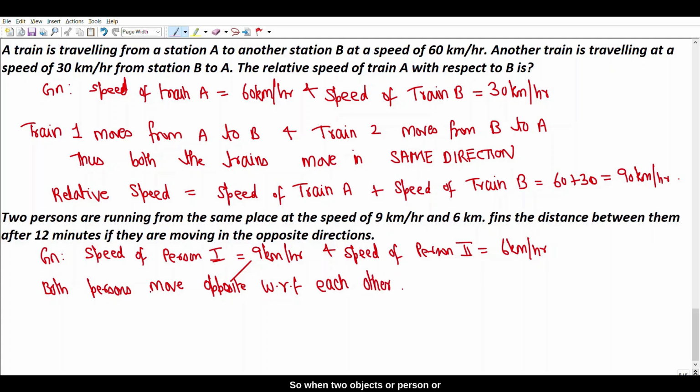So when two objects or persons or anything move opposite with respect to each other, the relative speed increases.